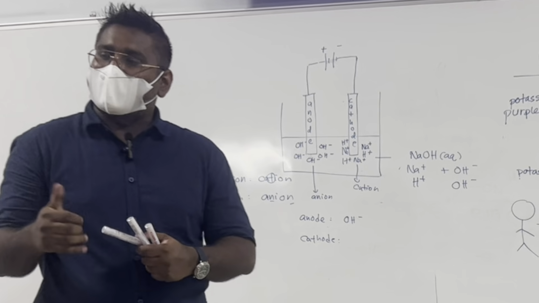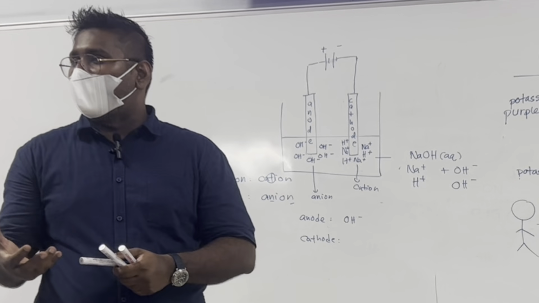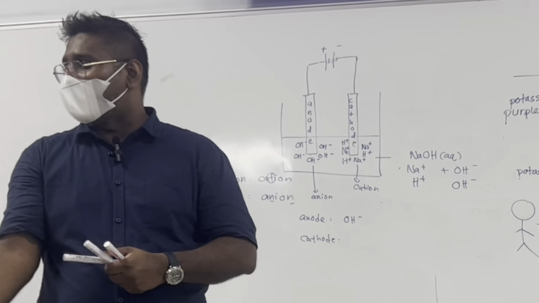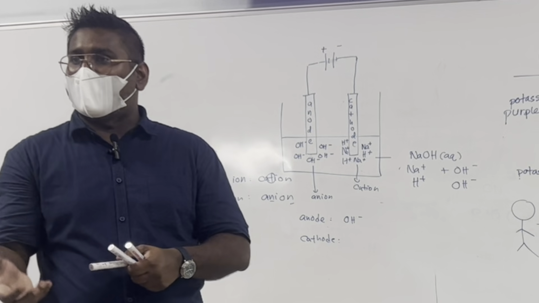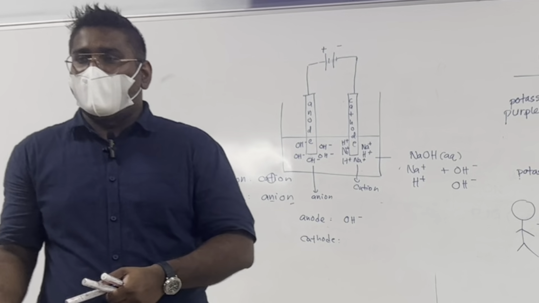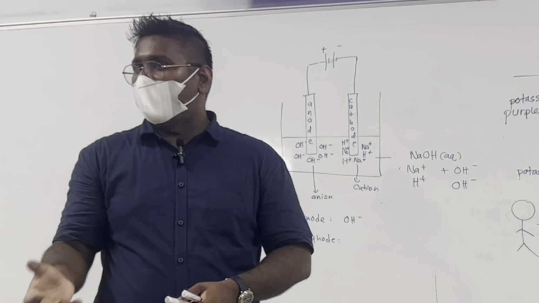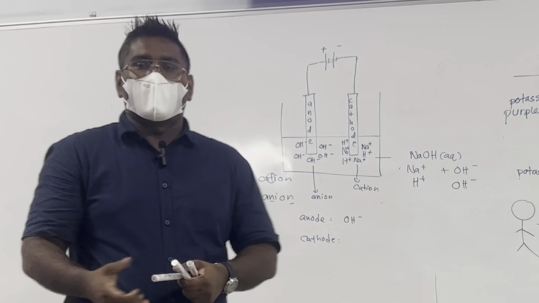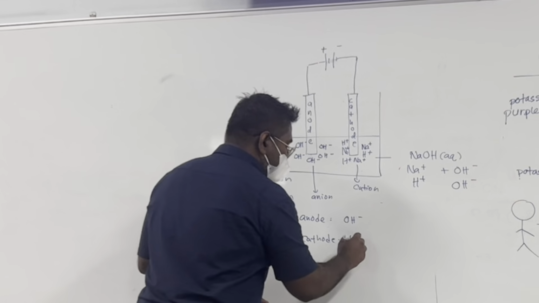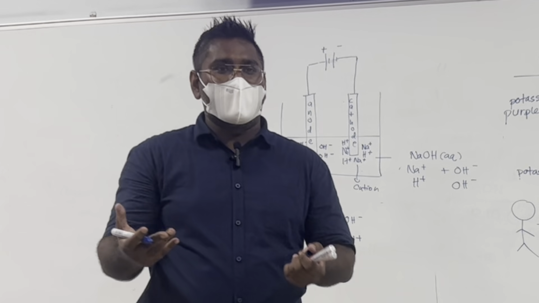The one that will be selected, you would have learned in IGCSE, is the one lower in the reactivity series. Sodium is at the top, hydrogen is at the bottom, so we select hydrogen. If you are not sure, go and revise your IGCSE books.